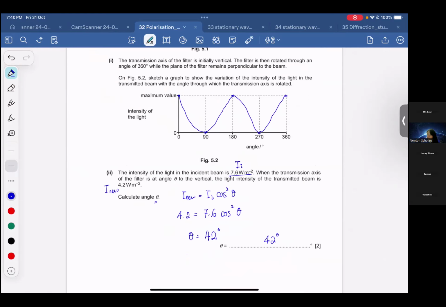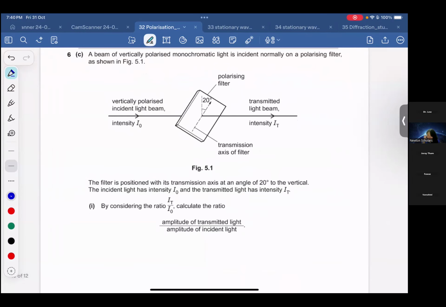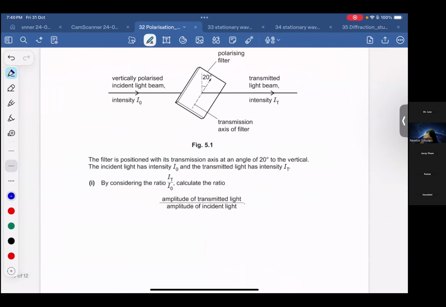Question 6C. Vertical polarized monochromatic light is incident on the filter. The filter is positioned with its transmission axis at an angle of 20 degrees to the vertical. Okay, this is the angle. Then the incident light has the intensity I0.